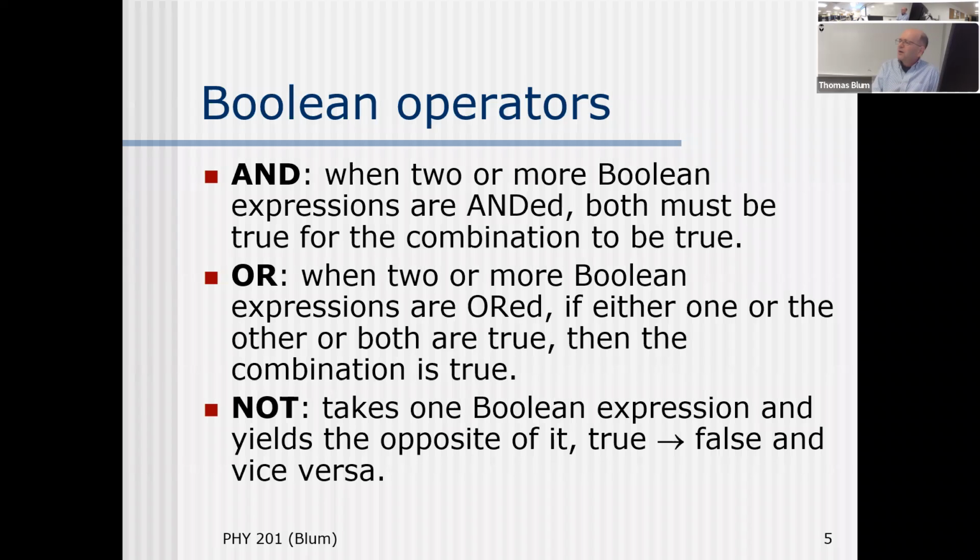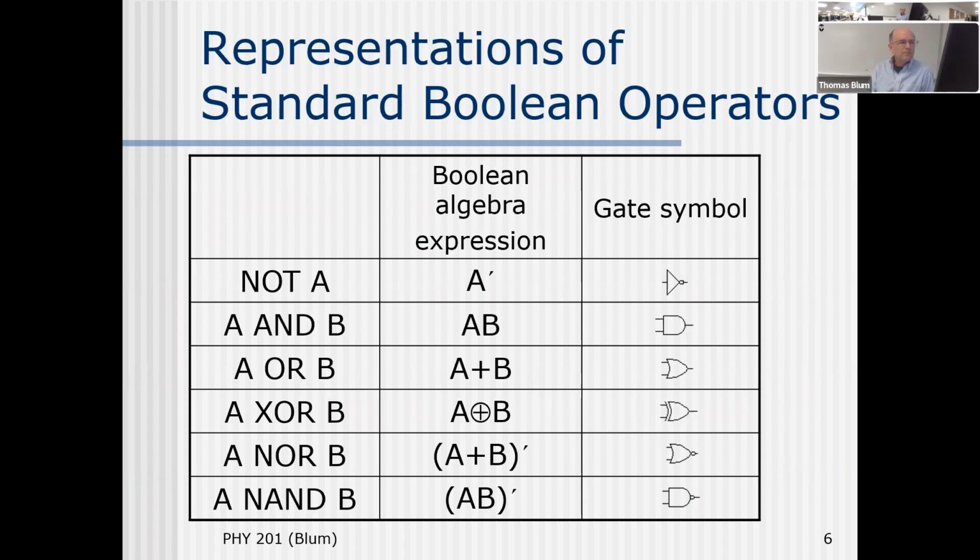Or is in a way the opposite, in that the only way with an or that we get a low is if we have 2 lows. So for and, I have to have 2 highs to get a high. With an or, I have to have 2 lows to get a low. And not has a single input and gives you the opposite of whatever you put in. So you put in a high, you get a low, you put in a low, you get a high.